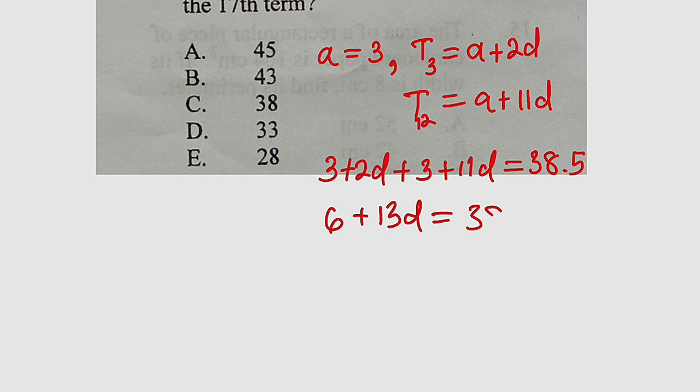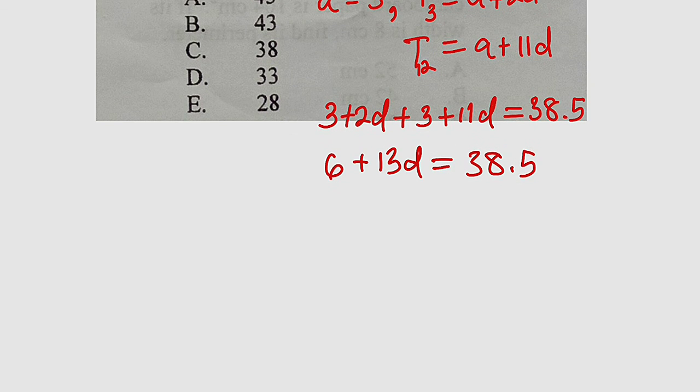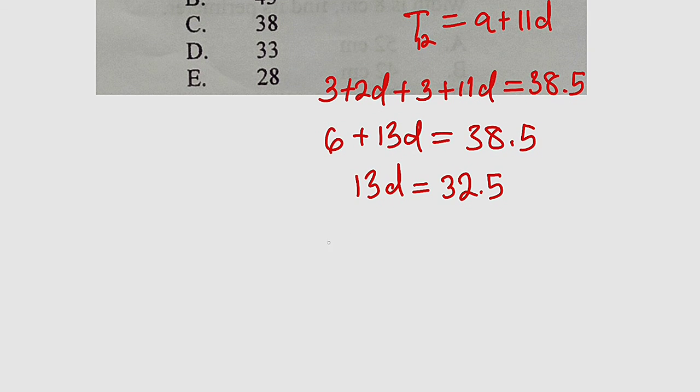Subtract 6 from both sides, you have 13D to the left equal to 32.5. And finally, D is equal to this divided by this. That will give us 2.5.